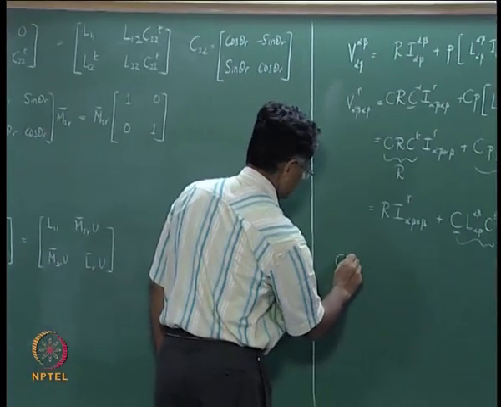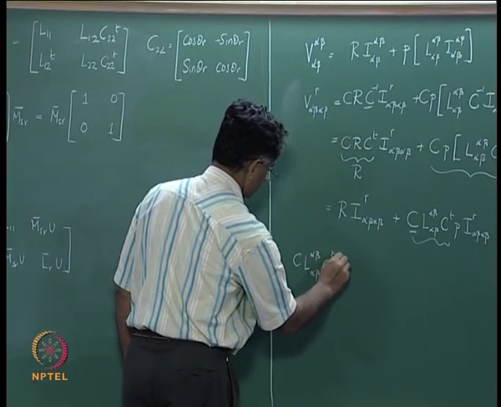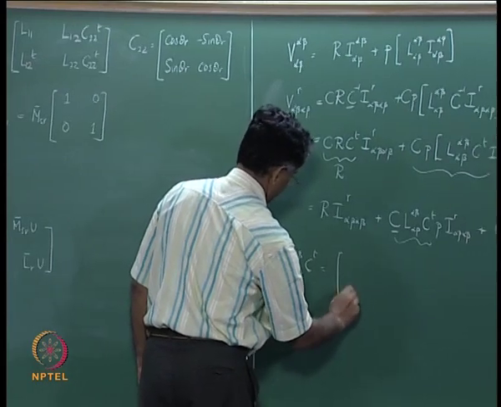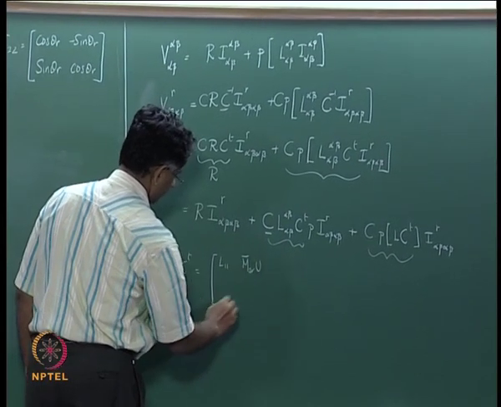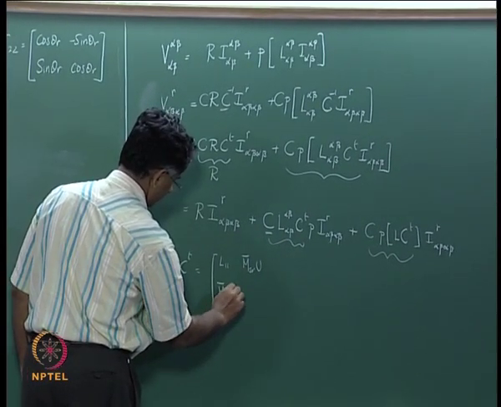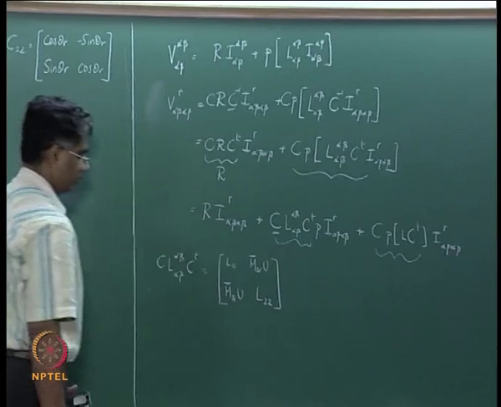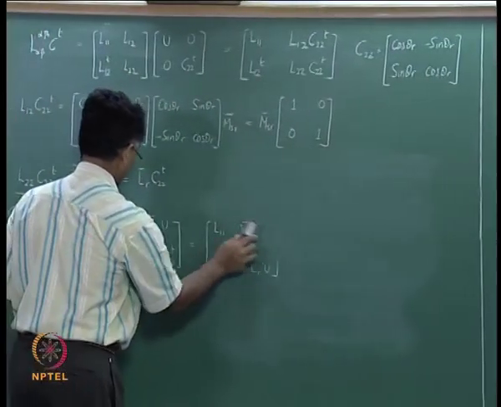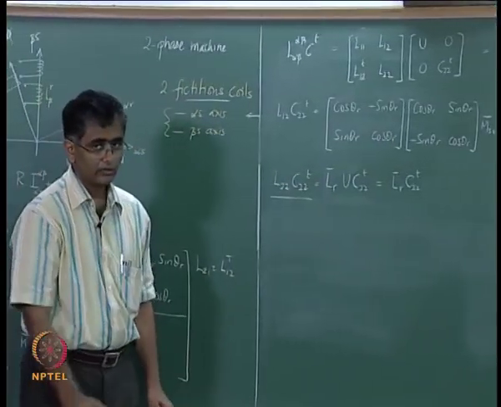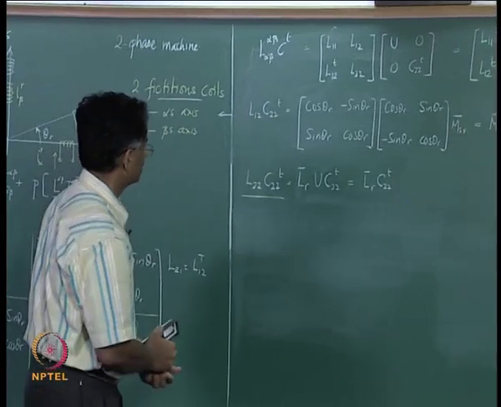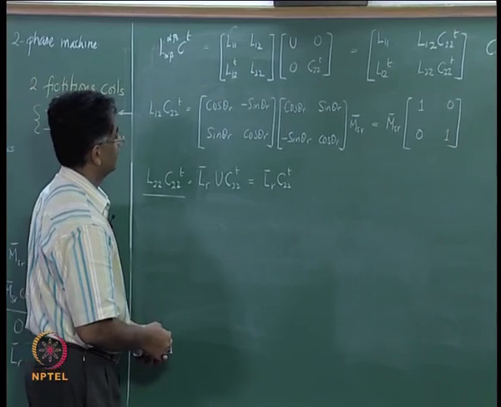So C L alpha beta C transpose is nothing but L11 and then MSR bar into identity matrix, MSR bar into identity matrix, and this matrix is the same as L22, so we will retain it as L22 and we can remove this expression. Now we need to find out the derivative of LC transpose. So let us try to do that.